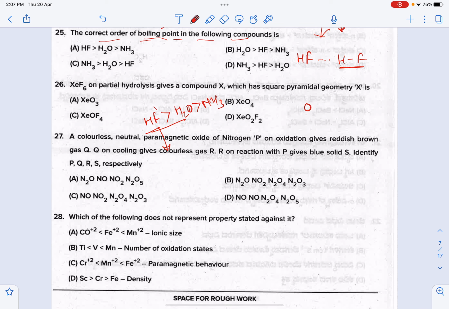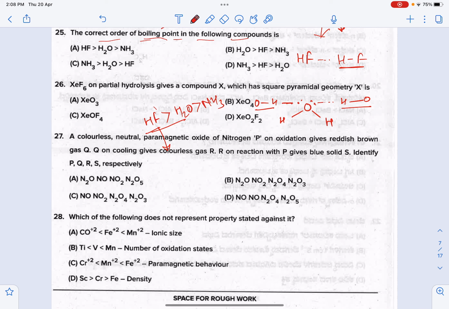But what about H2O? There is one hydrogen, and this oxygen possesses two lone pairs of electrons, so this water molecule can link with two other water molecules.